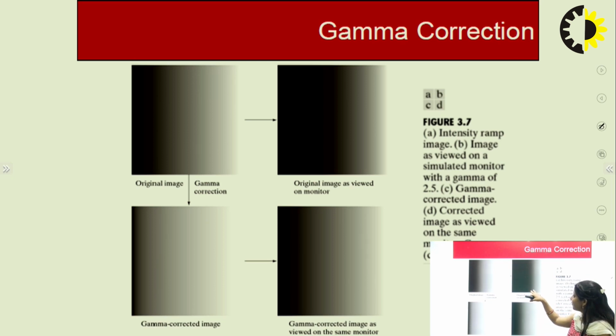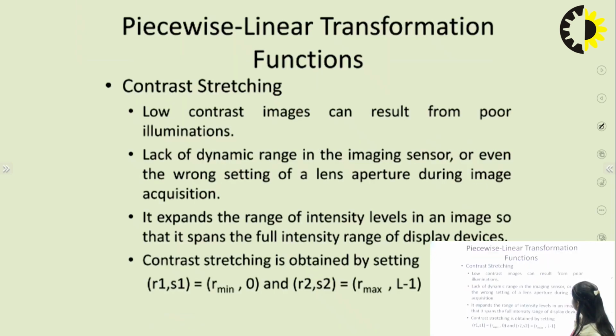So we have to remove this darkness, so we have to apply the gamma correction. When we correct the gamma value of the original image and then transform this image on the device, we will get the accurate image. So this is one example of gamma correction.